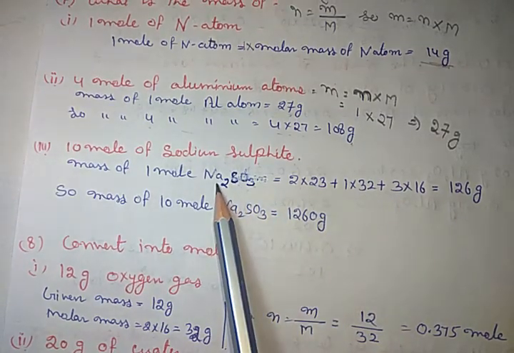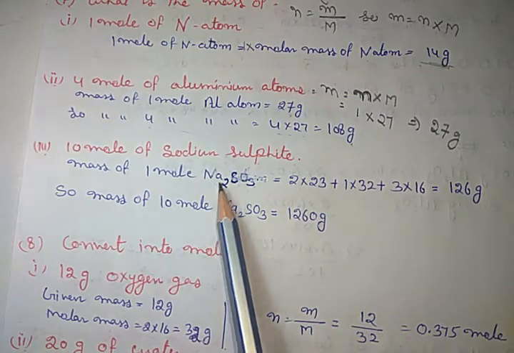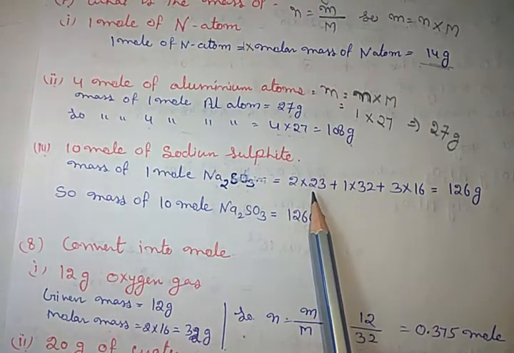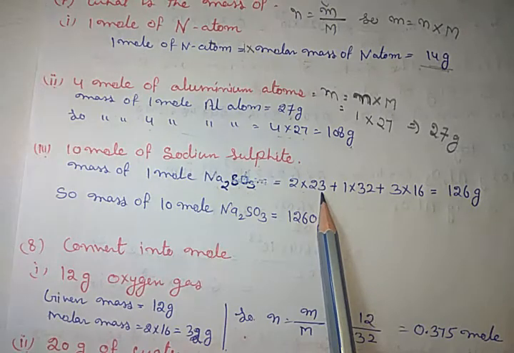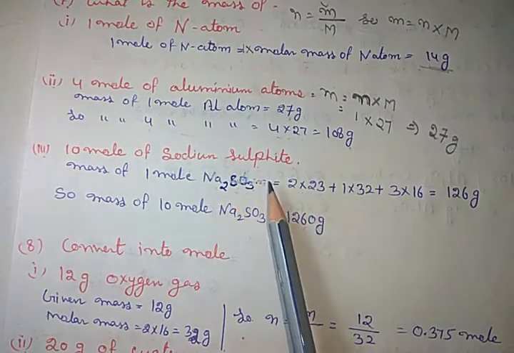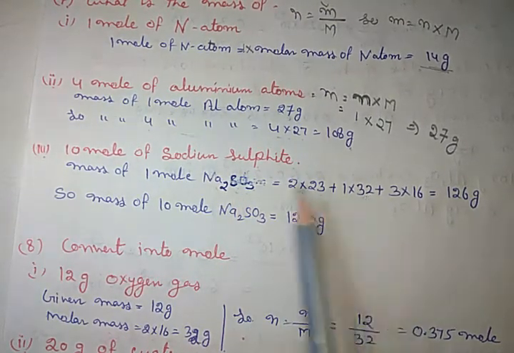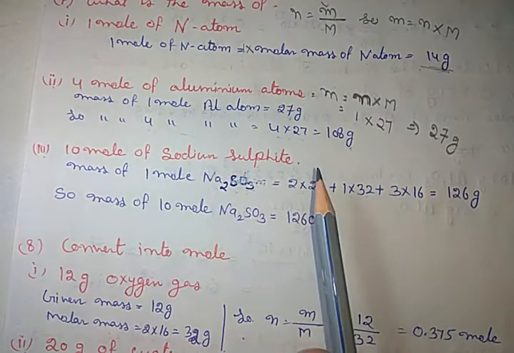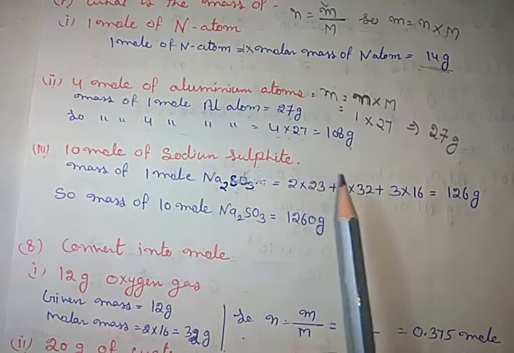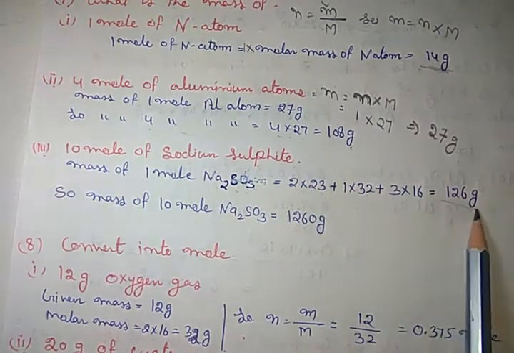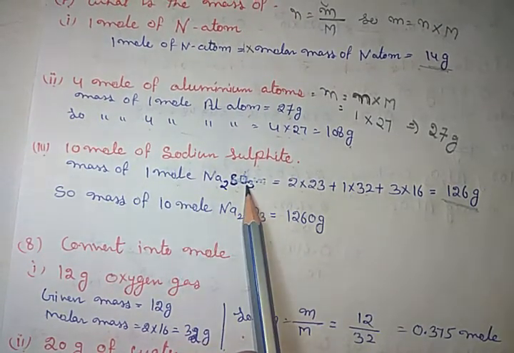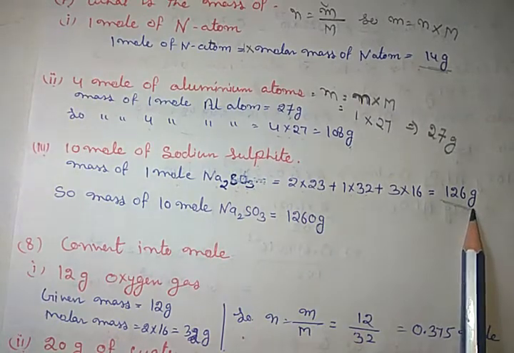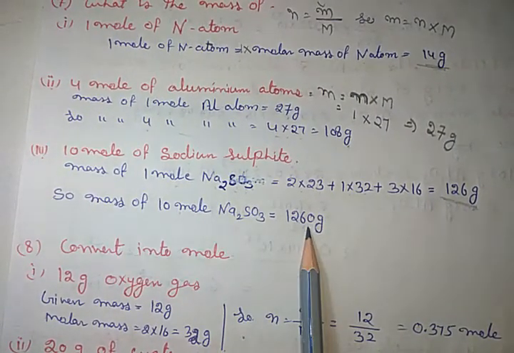Since there are two sodium and the atomic mass of one sodium is 23, it becomes 2 into 23. One sulfur, and sulfur is 32, so 1 into 32. Three oxygen, and each oxygen has 16 atomic mass, so 3 into 16, so the total becomes 126 gram. That means 1 mole of sodium sulfite is 126 gram. So for 10 moles, multiply by 10.